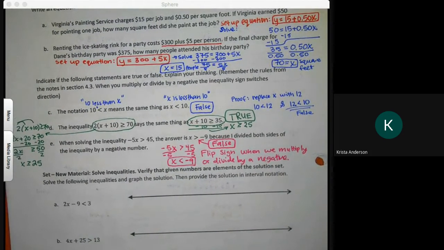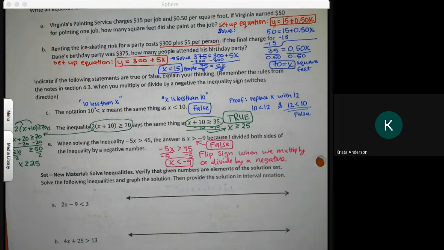Does anybody need me to move the paper so they can see it better to copy any of the notes?